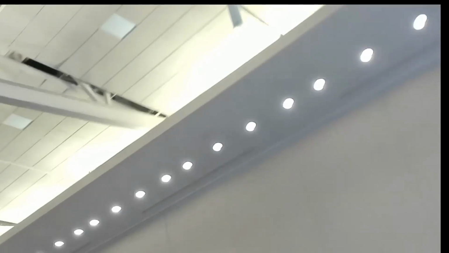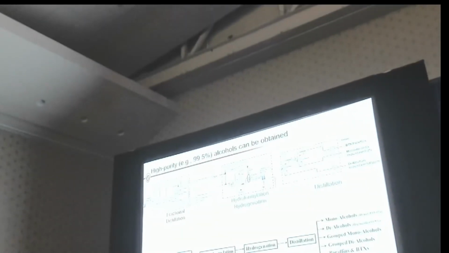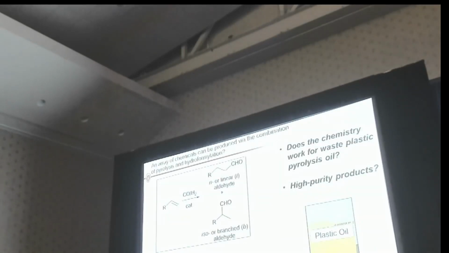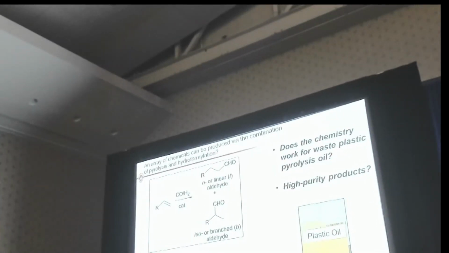We simulated the separation process and obtained high purity outputs using the approach we proposed, first to have the gas go to fraction distillation. Yes, we can get this kind of result for products generated from a real waste process, and then we can get high purity products from this technology.